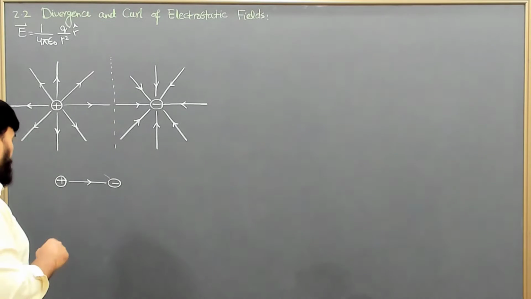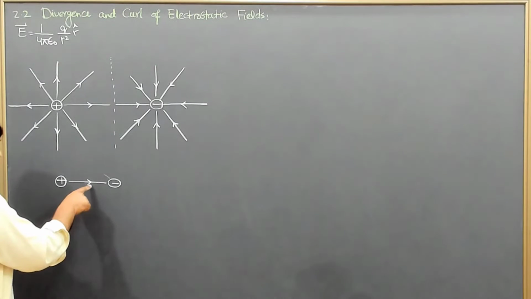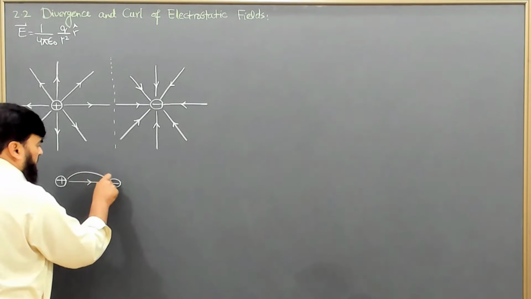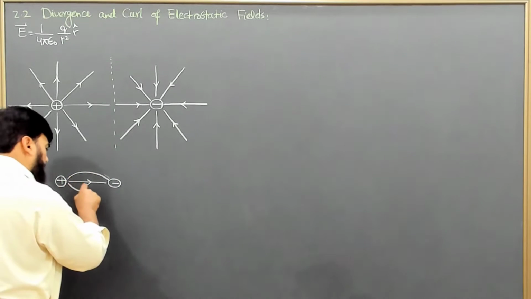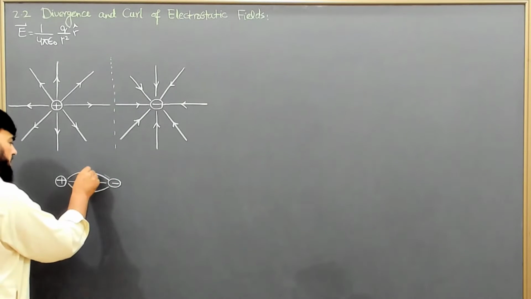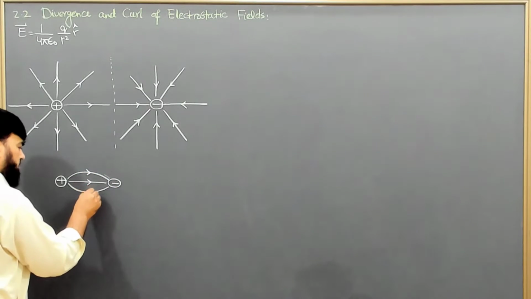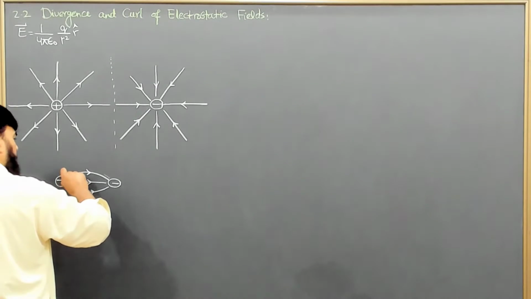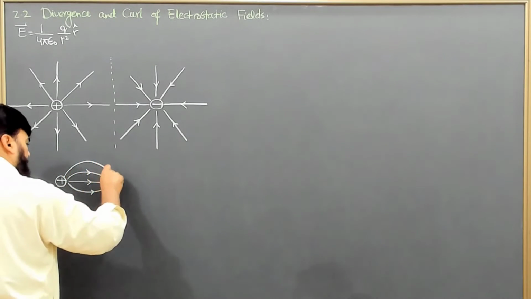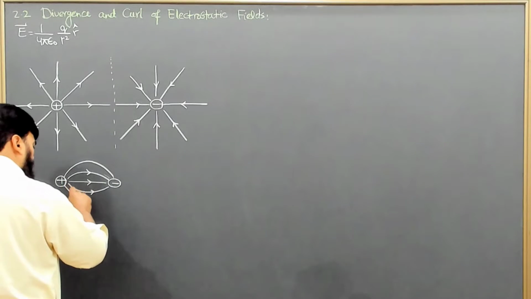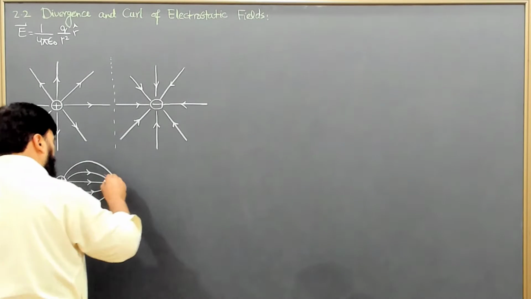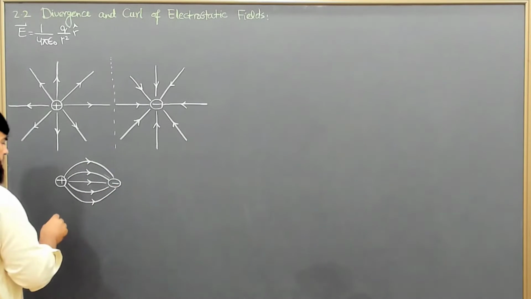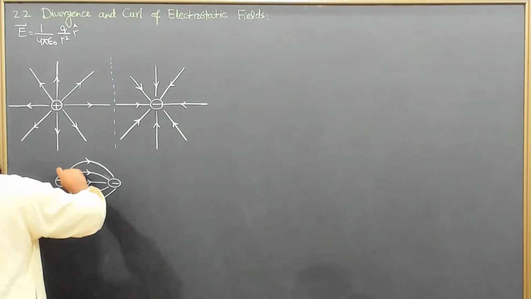This line has a very small curvature, while the next line, which goes from here to here, will be a very curved one. Similarly, the other line, which goes from here to here, will be curved as well, and similarly the other lines.